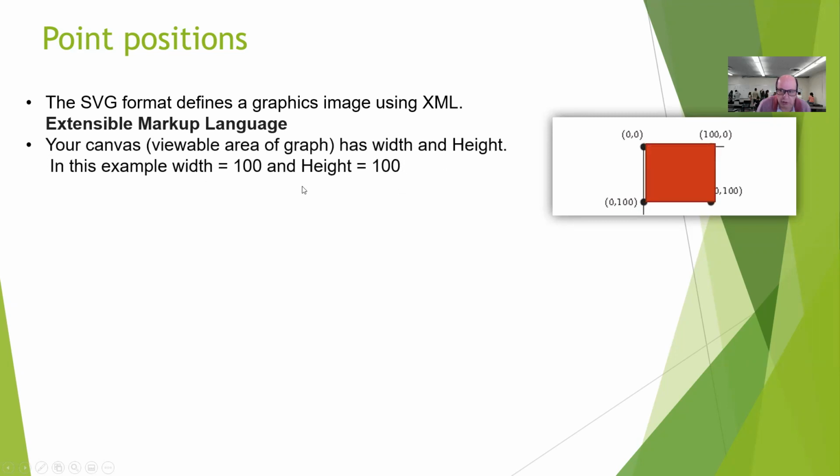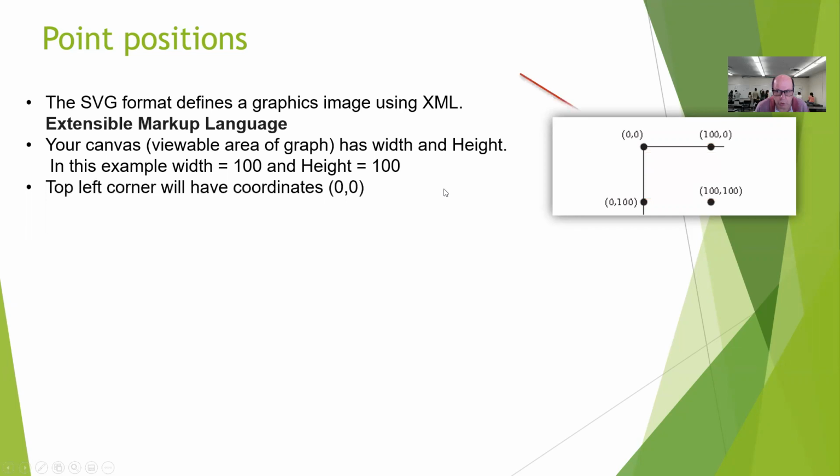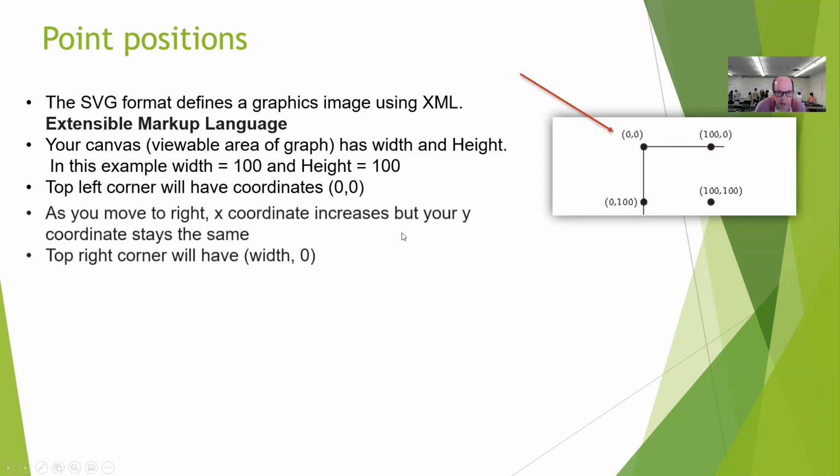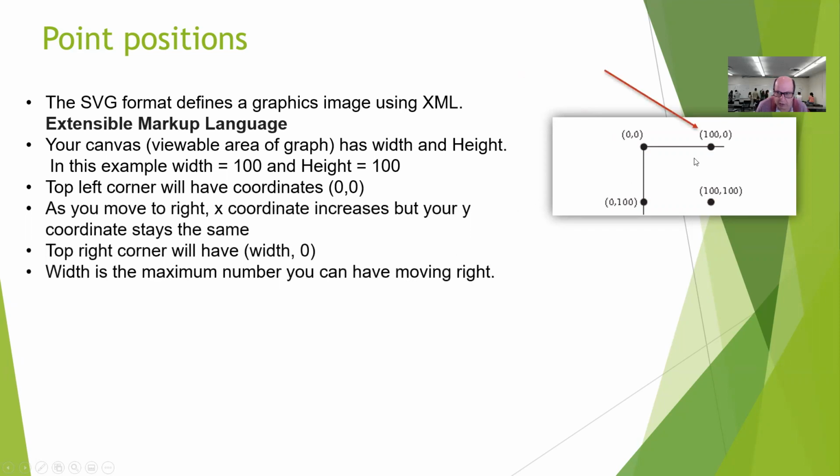So we generally create a canvas that's going to be the viewable area that we want to work with. And in this case, we have it as 100 by 100. That's the canvas that we are using. It's very small, but that's what we are trying right now. So the left corner is 0, 0, X and Y. As I go to the right, my X is increasing and my Y stays the same, just like your algebra class.